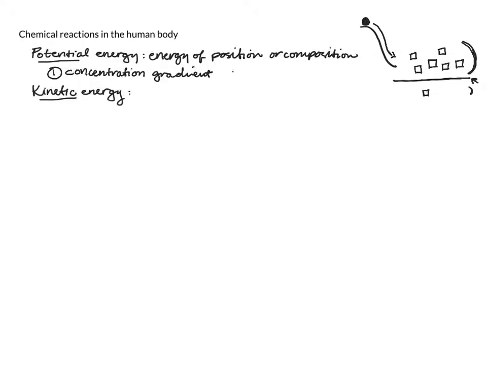A second form of potential energy that we'll utilize in the human body is the energy found within atomic bonds. So I'm going to write this as molecules because all molecules have atomic bonds. Let's go ahead and we'll just draw ourselves a little quick water molecule right here.